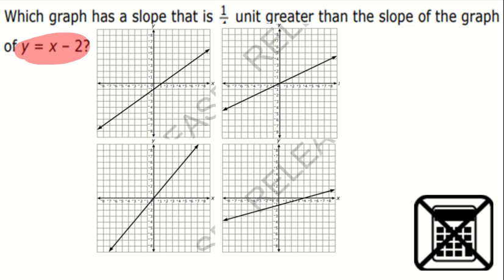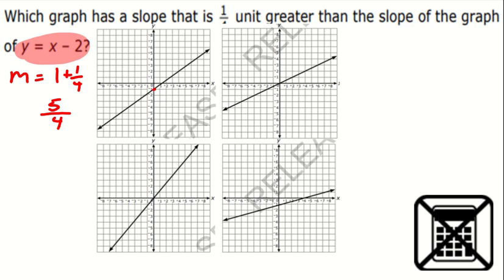When there's no number there, it's like there's a 1 there. So if my slope here is 1, 1/4 greater is 1 1/4. Or as an improper fraction, that would make it 5/4. All right, so we need a rise of 5, run of 4.